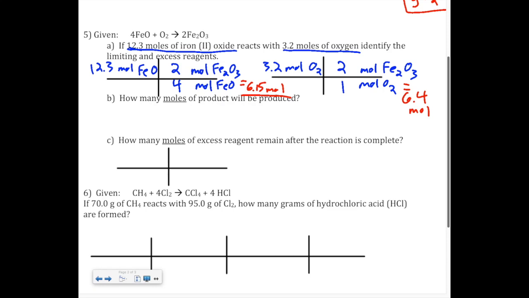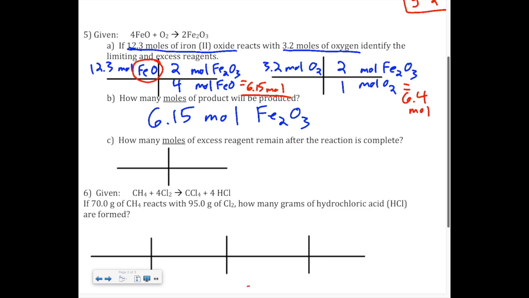So that means that's the limiting reactant, and that is the smallest value. It asks how many moles of product will be produced. Well, that's going to be 6.15 moles, the lesser value, moles of Fe2O3. And the limiting reactant is going to be FeO.